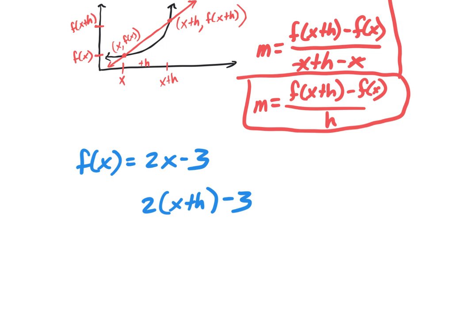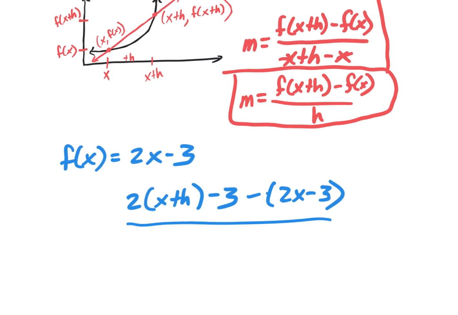The original function, f of x, is 2x minus 3. So we're going to subtract (2x minus 3). Okay? And then on bottom, we're going to divide by h. The bottom is the easy part. It's always h.